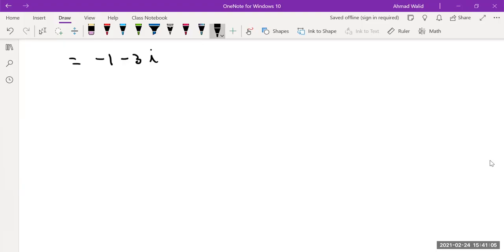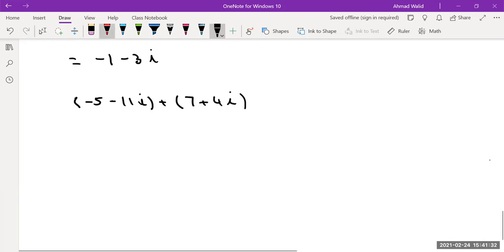Let's do another example. For example, negative 5 minus 11i minus 7 plus 4i. Let's put a negative here. In your book, it's positive.